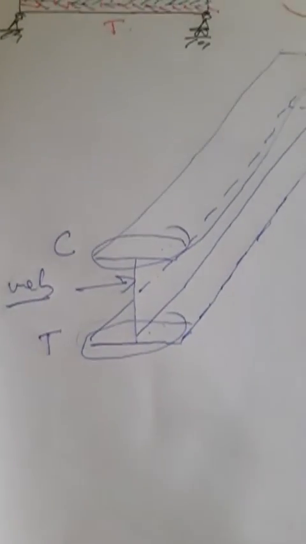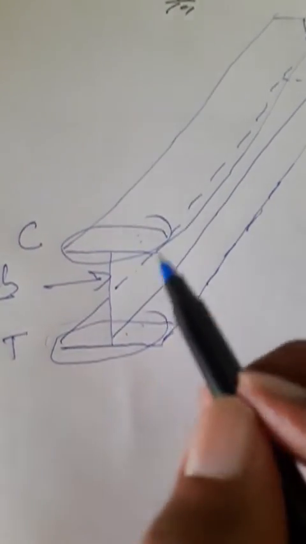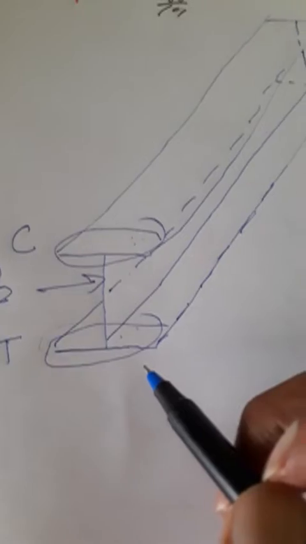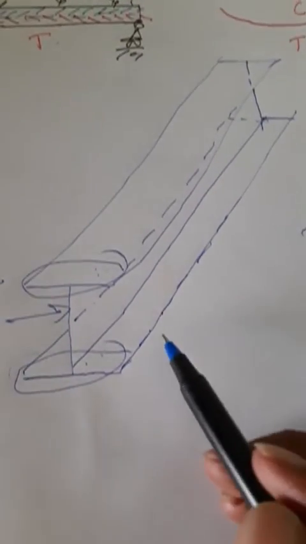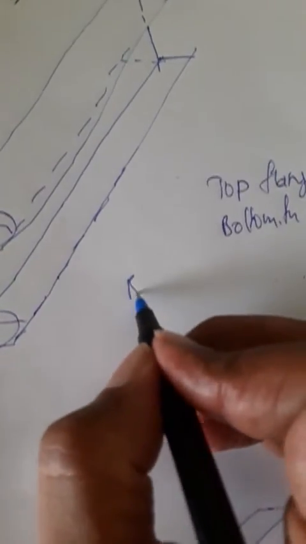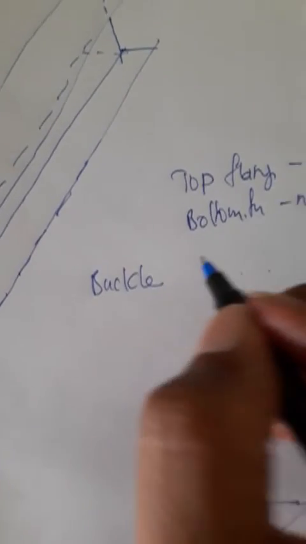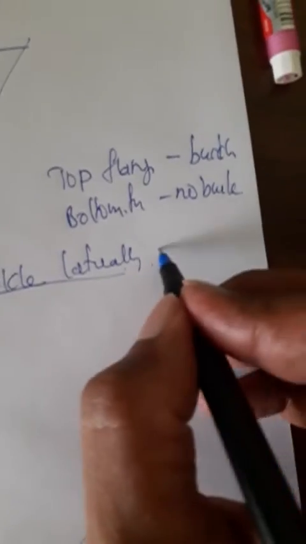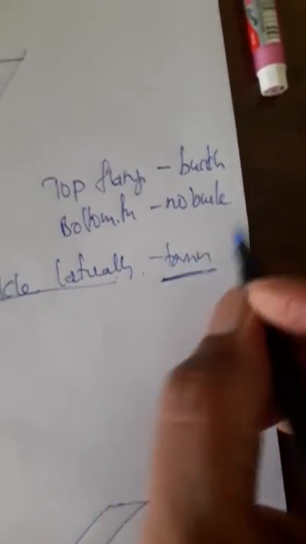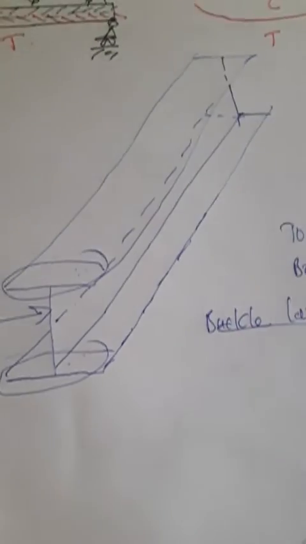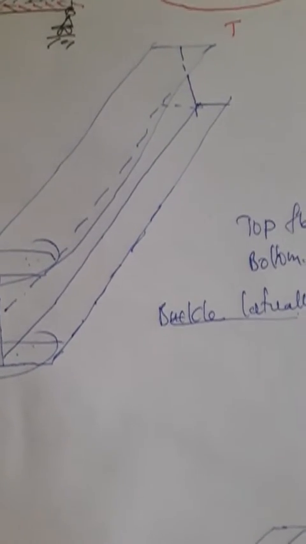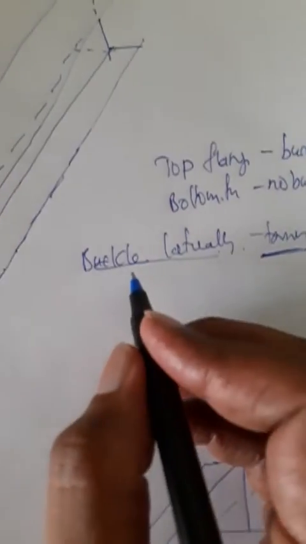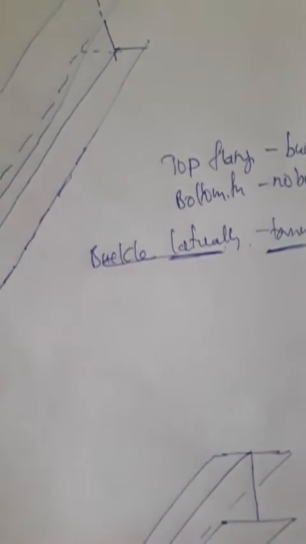This is a common integrated section. The behavior of the top is different from the behavior of the bottom. Hence, what this section tries to do is buckle laterally. Buckle means bend laterally, and it is also called torsion. A torsion is introduced here because of the difference in behavior between the top and bottom flange. Hence, we have cases of lateral buckling in beams.